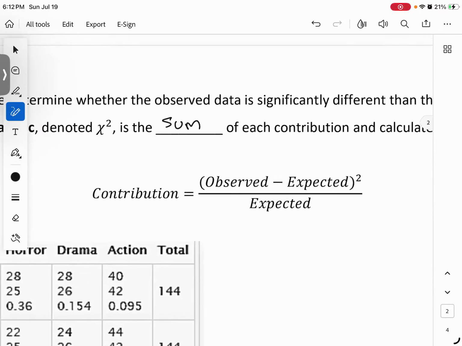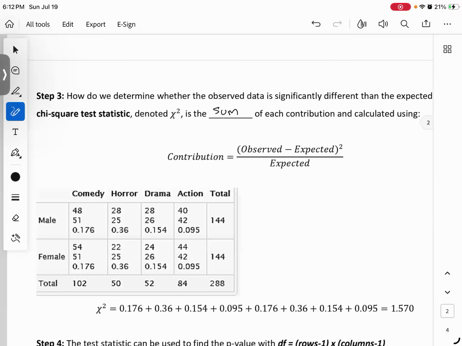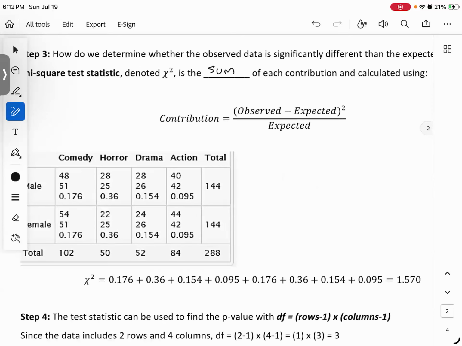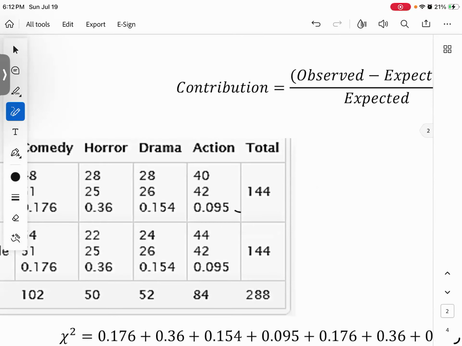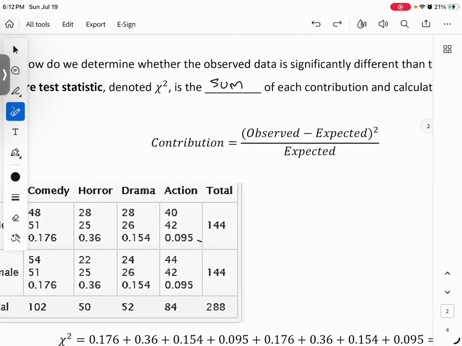Now, again, this first couple pages is mainly just to give us insight into what all is involved as you do a test for association, and the contributions are one of those things. Now, what I'm going to do is circle just this one right here as a quick illustration. Like, how did they come up with that? That's the contribution.